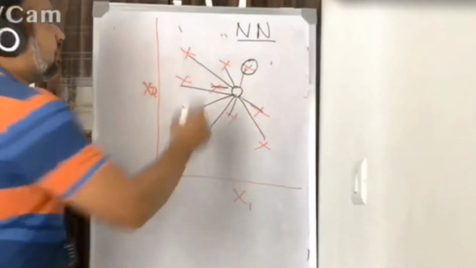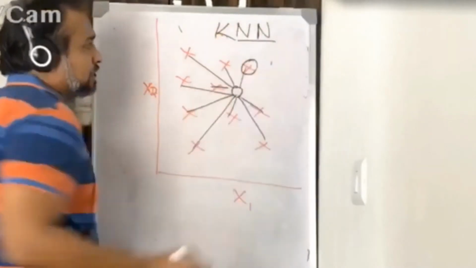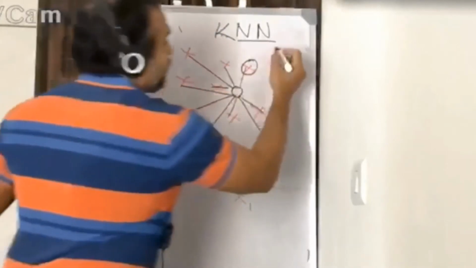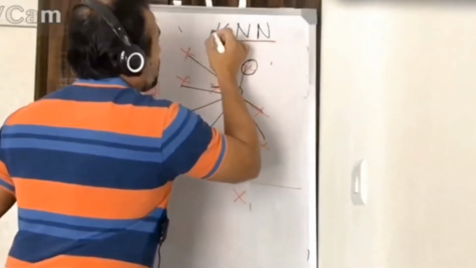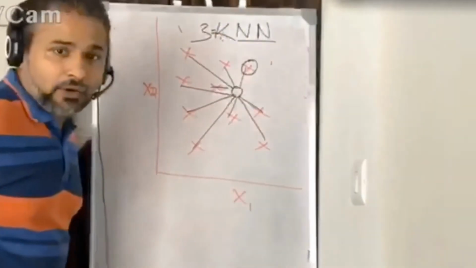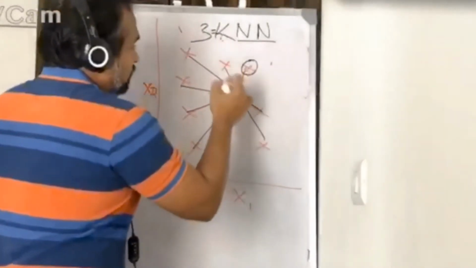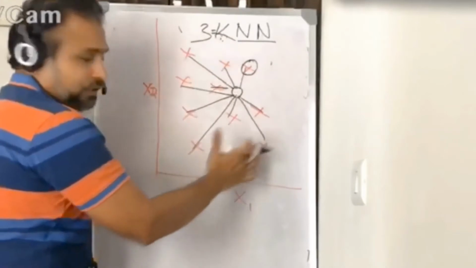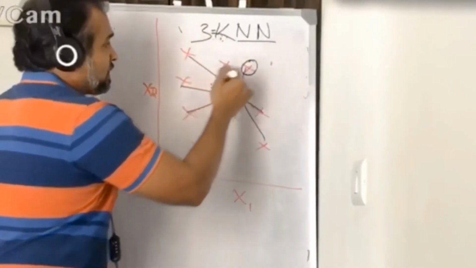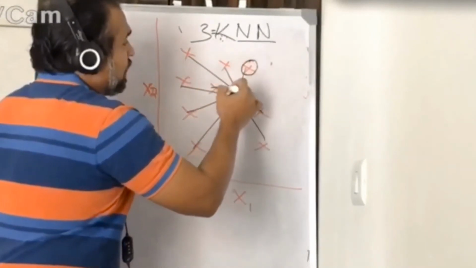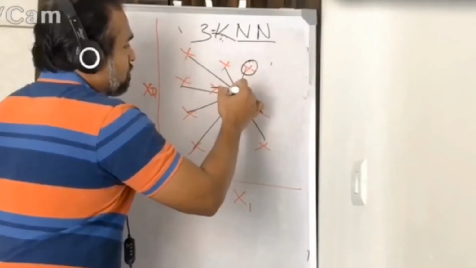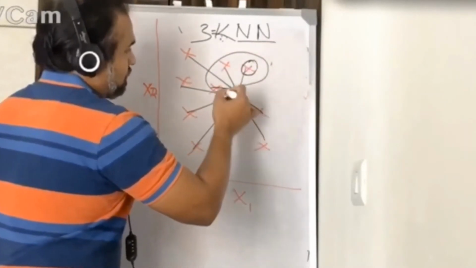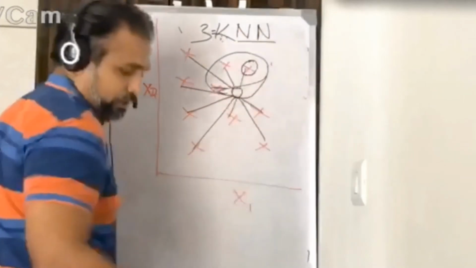Say for instance, you are interested in a k nearest neighbor algorithm. You will not be happy with just one neighbor. Say you are interested in k equal to 3. That's a 3 nearest neighbor algorithm. That means it is going to calculate the distance between all of these data points, find the minimum 3 data points, and create a cluster, something like this.